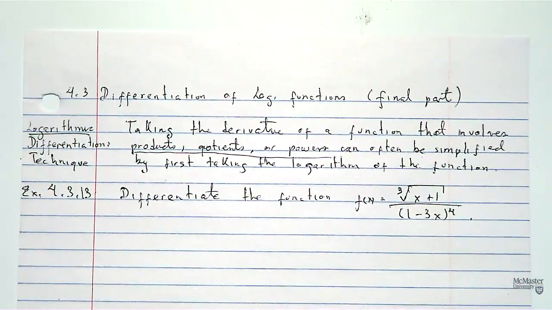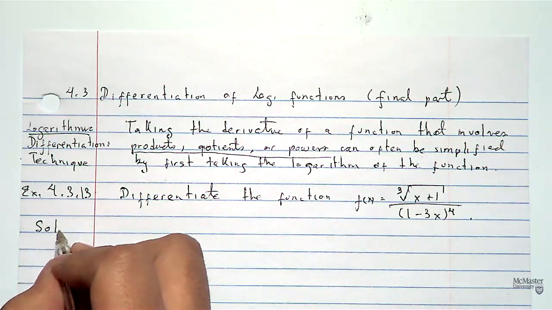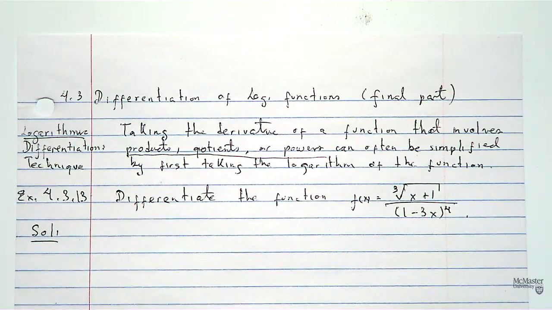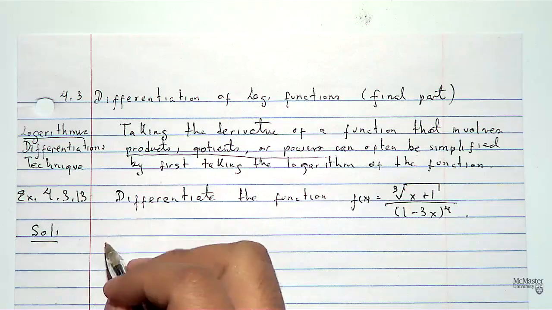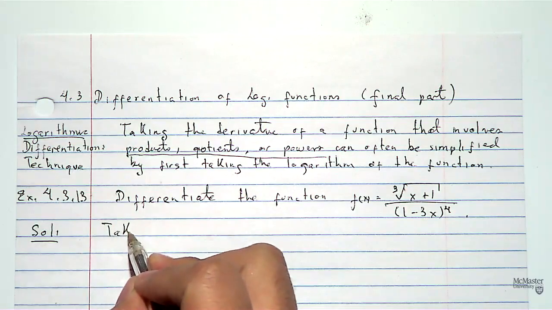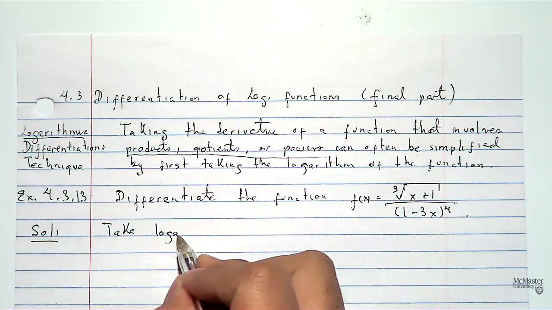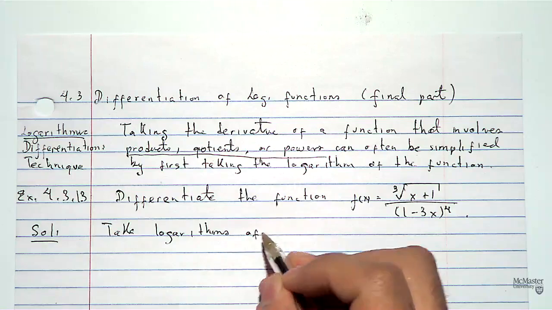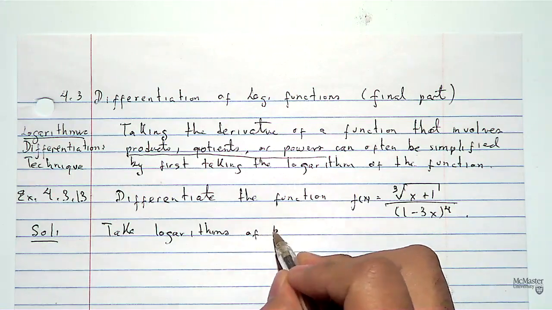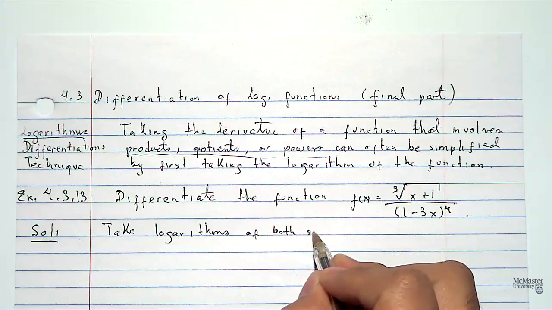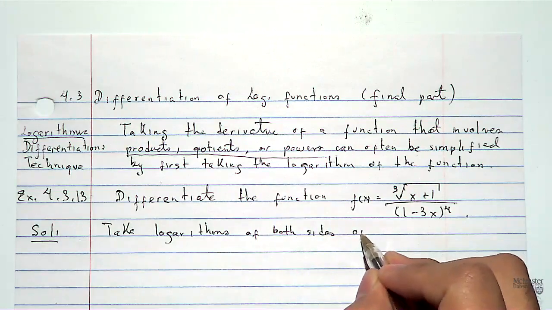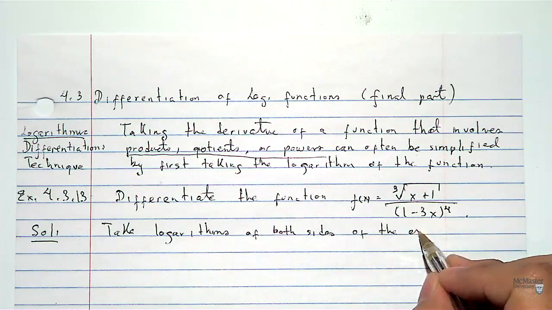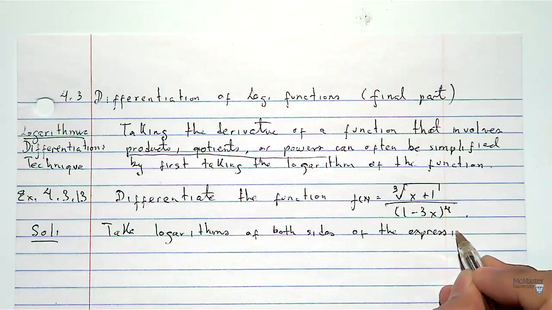And in the solution of the problem, we're going to indicate the steps one by one. So the first step is to take logarithms of both sides of the equation, or the expression for f if you want.